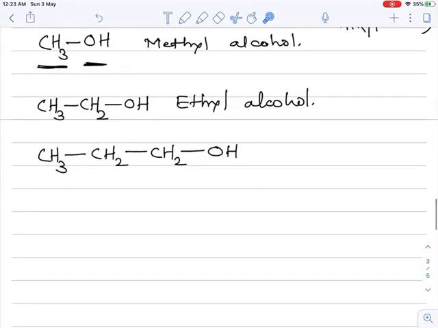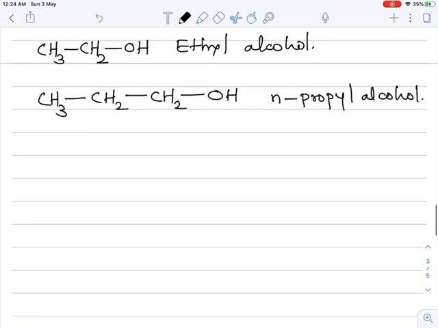So for giving the common name for this compound, the prefix n is used. So n means normal chain of 3 carbon atoms to which OH group is attached. So for this 3 carbon containing alkyl group, that is propyl group, so n-propyl and OH means alcohol, n-propyl alcohol.